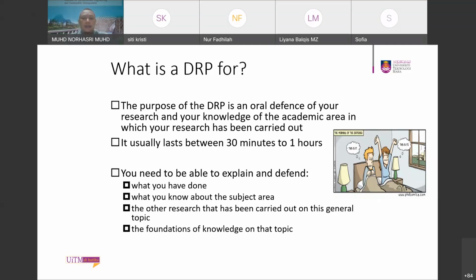These four things are very important to know before you go for the RP session. Normally the RP session is in SEM 2 and SEM 3 if I'm not mistaken, so you have almost 1 year to prepare for it.